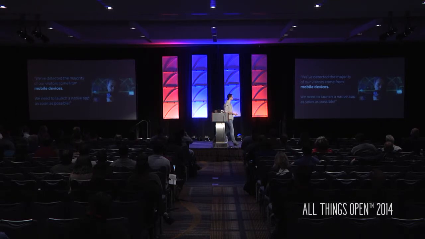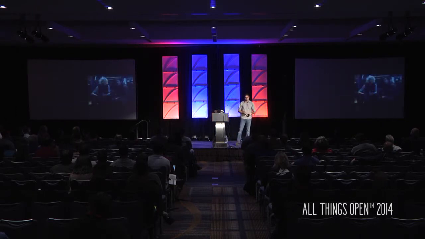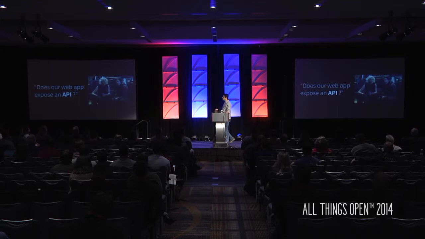So naturally after this, the next question is, does the web app expose an API, right? And when talking about Rails, the answer is usually kind of, because it's really hard to build Rails web apps that don't expose some sort of API.